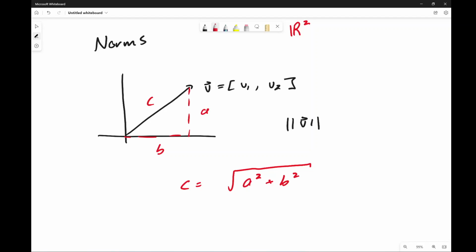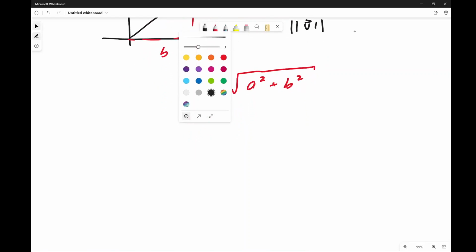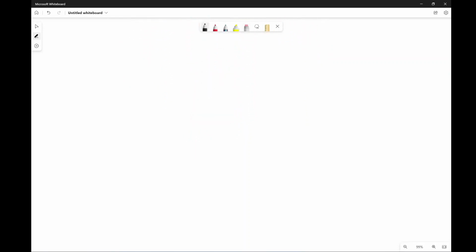There are also some properties associated with norm. To more formally define norm, we can say, given a vector space, let's say V is equal to Rn, an arbitrary space, and we'll be working with the reals, the set of real numbers.